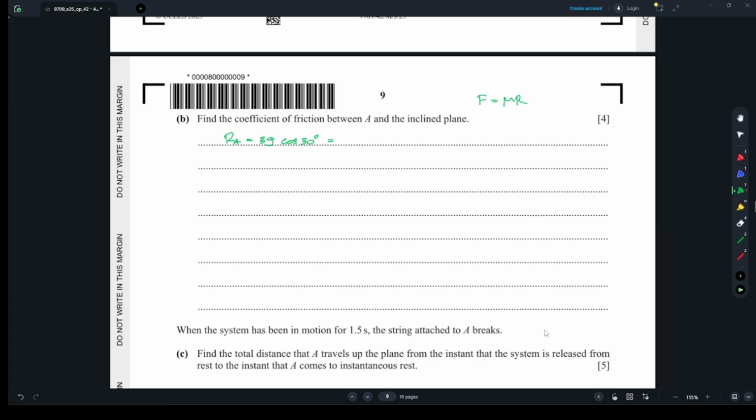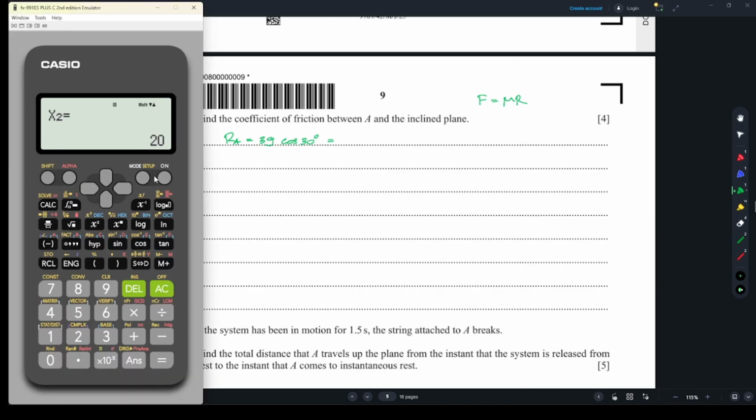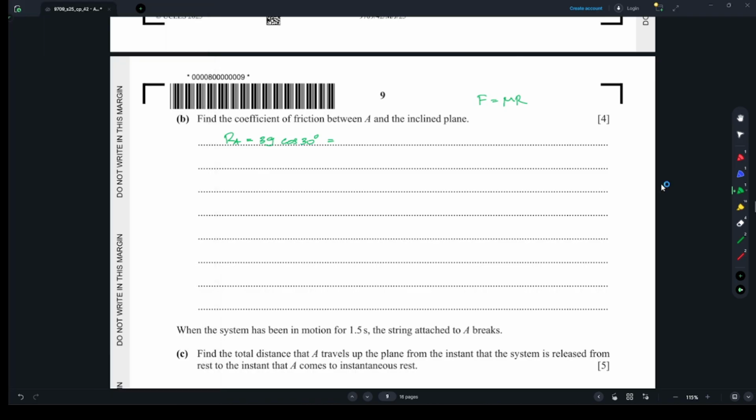Okay, so now 3g is 30, so I will write 30 times cos 30. So okay, it is 15 root 3. So don't take the decimal answers yet because this is not our final answer. Okay, so 15 root 3.